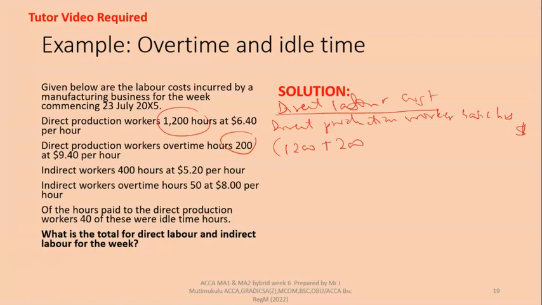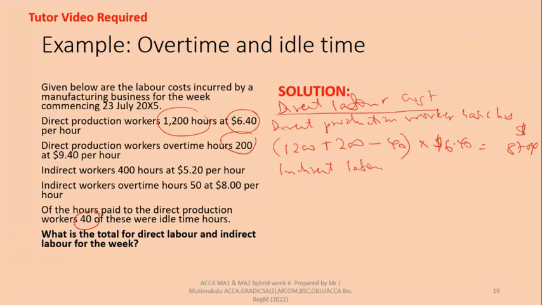Let us also see, of the hours paid to direct production workers, 40 of these were idle time. So we have to deduct 40 and then multiply by the hourly rate of $6.40. So we get a total cost of $8,704.